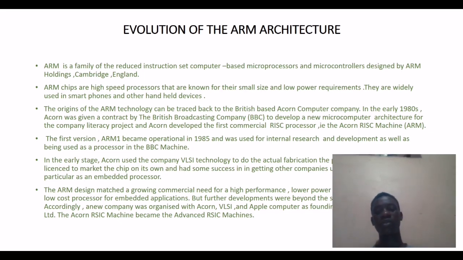But further developments were beyond the scope of Acorn's capabilities, and a new company was organized with Acorn, VLSI, and Apple Computer as partners, and it was called ARM Limited, short for Acorn Reduced Instruction Set Computer Machine, that was later turned to Advanced RISC Machine Company Limited.